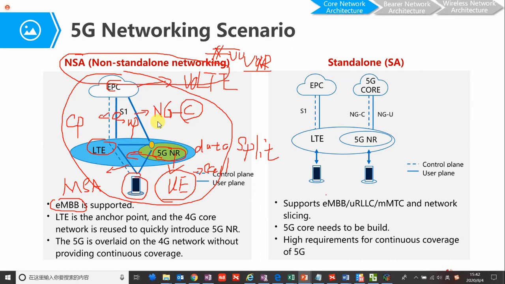Maybe several years later, if applications become more and more, especially in vertical industry like V2X, they need low latency. So the operator needs to deploy the SA network.